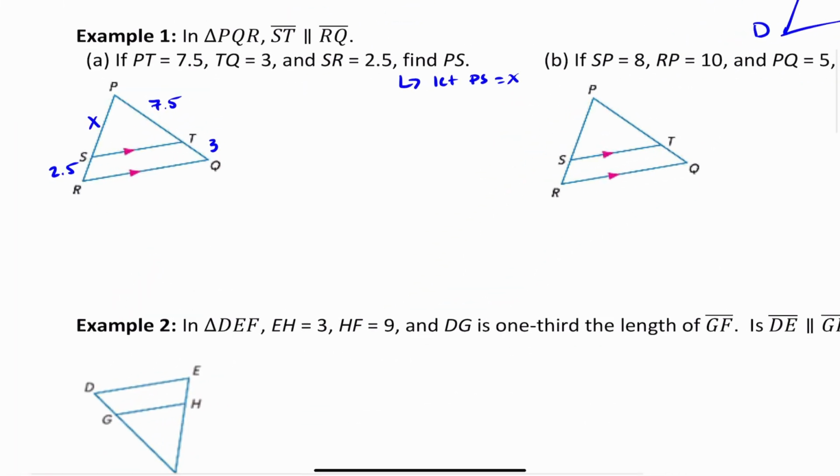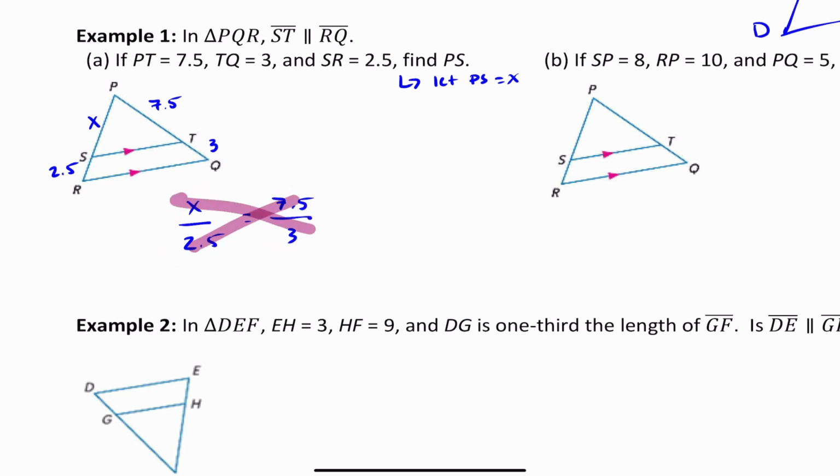So I say X over 2.5, and I equal that to, well, since X is in the numerator and it's close to that 7.5, I need to be very consistent. So I need to put 7.5 instead of 3 up top, so 7.5 over 3, okay? Then look at that. We have two ratios that equal each other.